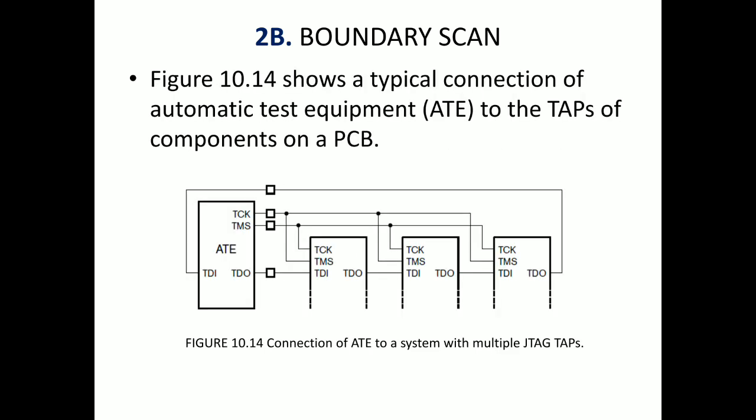This figure shows a typical connection of automatic test equipment, ATE, to the test access ports of the components on a PCB. You can see the ATE on the left side of the figure, connected to the test access ports: TCK, TMS, TDI, TDO.